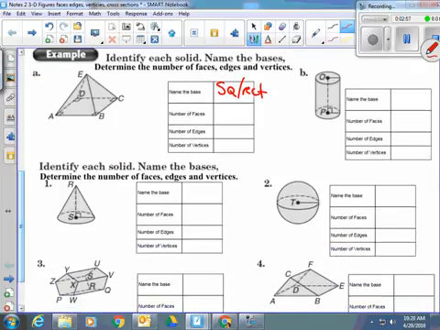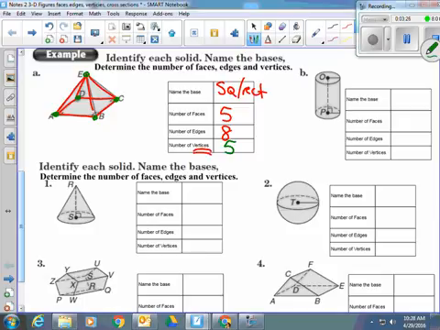You have the square and 4 triangles. How many edges? 8. You have 1, 2, 3, 4, 5, 6, 7, 8. And what in the world is a vertices? The points. How many points do I have? 5. Are we okay?